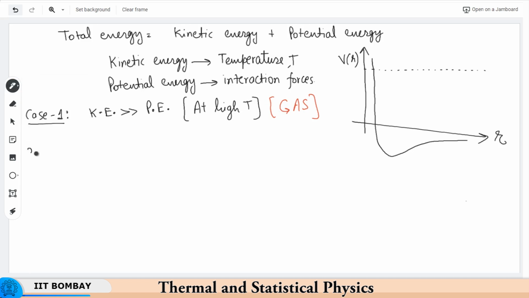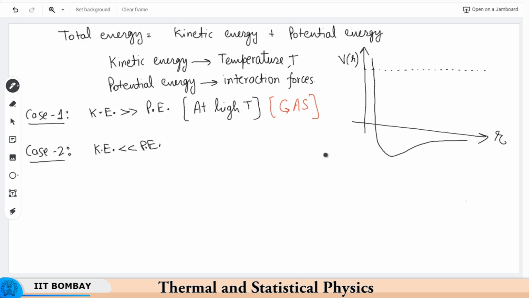Now, clearly we can go on to case 2. Case 2 is where your kinetic energy is much smaller than potential energy.